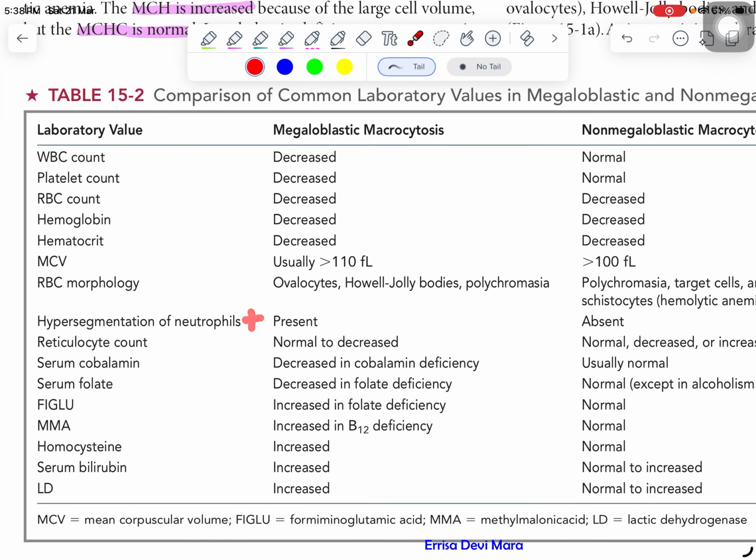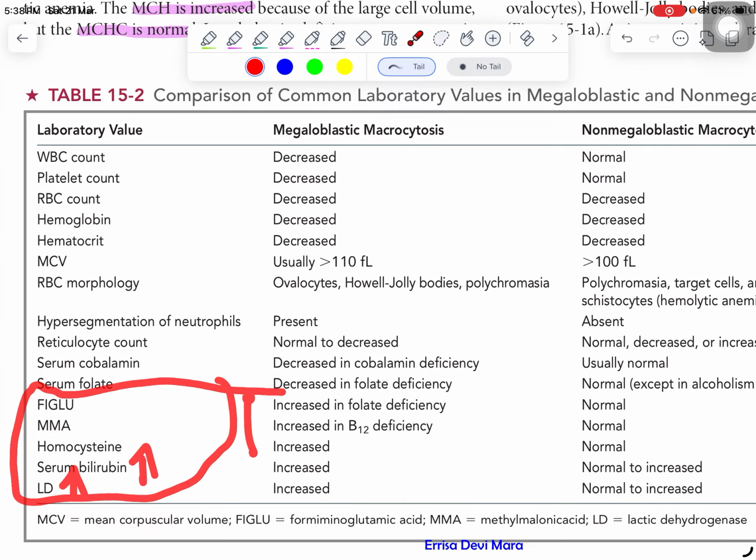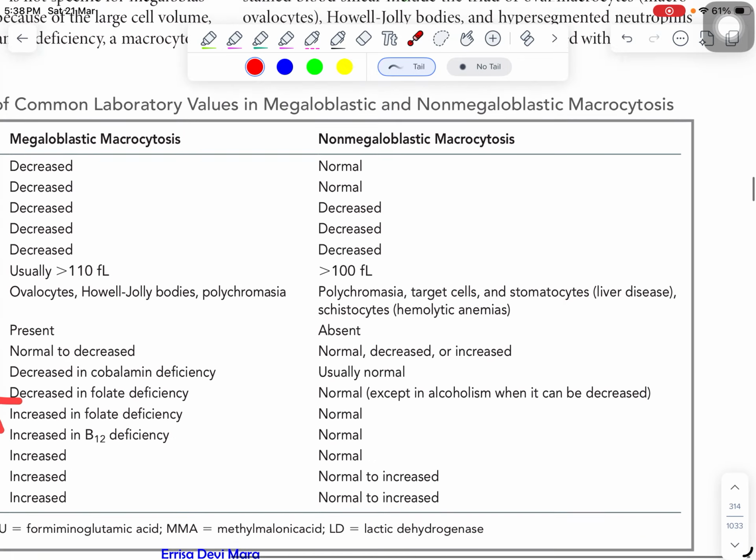The reticulocyte count is normal or decreased. Serum cobalamin will be decreased, folate will be decreased, FIGLU is increased, MMA is increased, homocysteine is increased, serum bilirubin is increased, and LDH is increased. All these enzymes are increased in megaloblastic anemia.